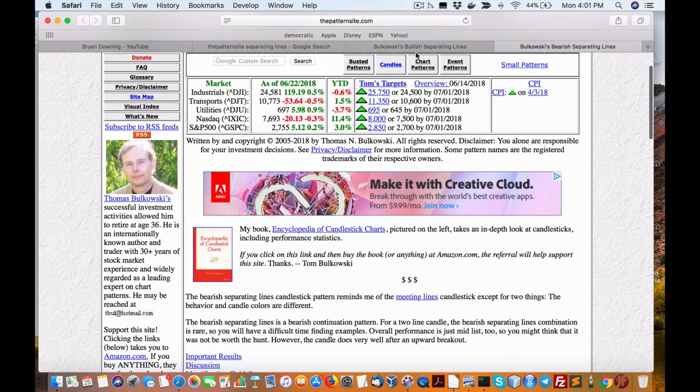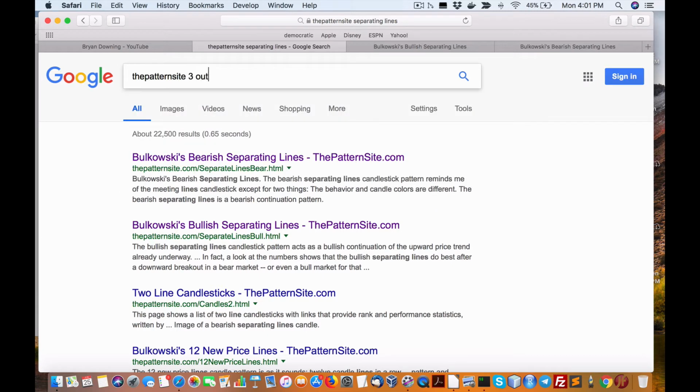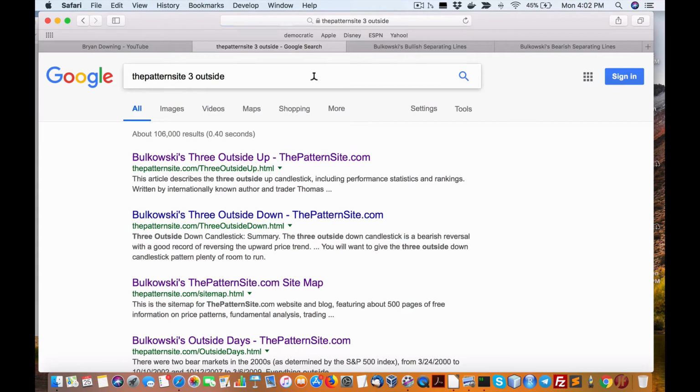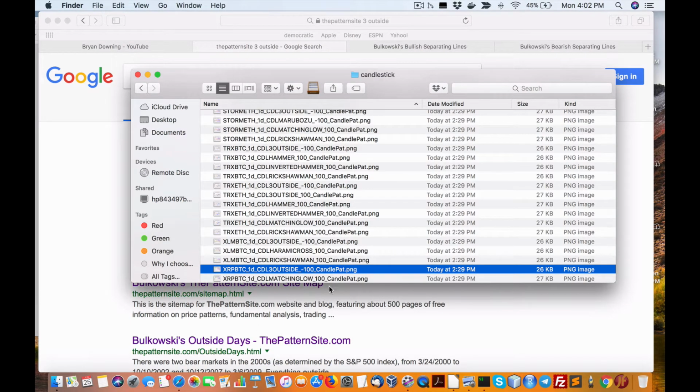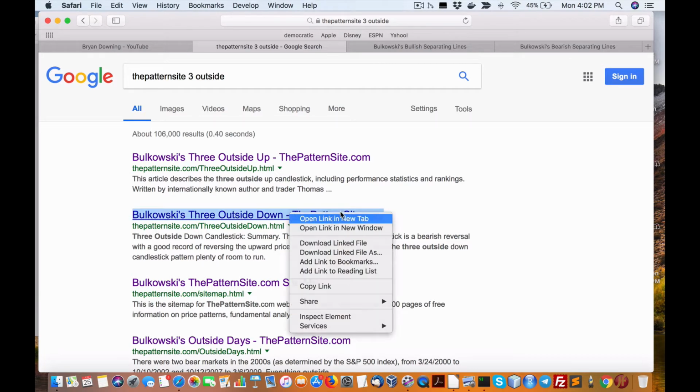Let's check out what that means. 3 outside, and that was a bearish because of the negative. So we want 3 outside up, 3 outside down, I'm assuming.